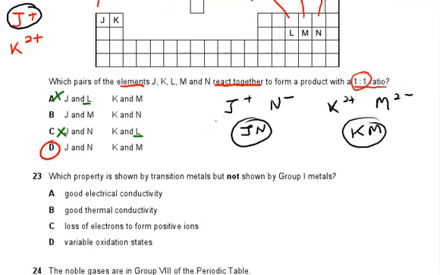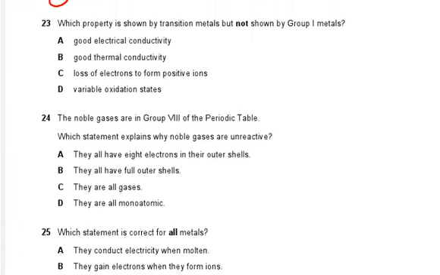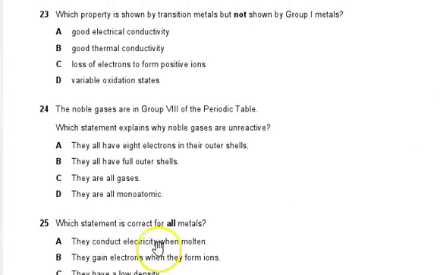Okay, now let us look at 23. Which property is shown by transition metals but not shown by group 1 metals? Because both are metals, right? Both are metals, so naturally all metals will have good electrical conductivity and good thermal conductivity.